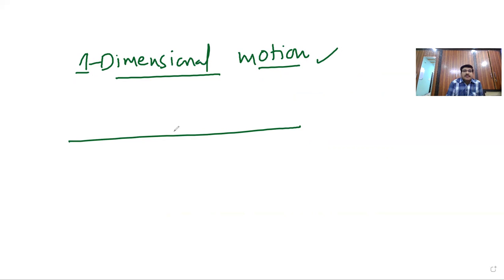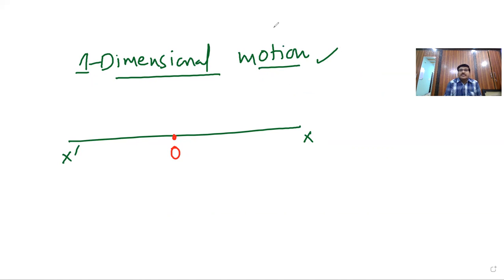This is the origin, the reference point. And this is the positive x-axis. This is the negative x-axis. That means all the distances covered towards the positive x-axis are positive, and towards the negative x-axis are negative. Clear?